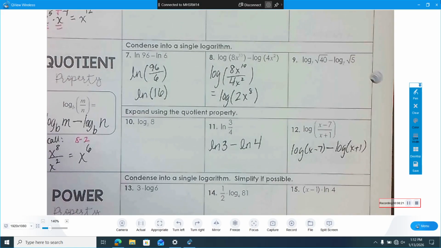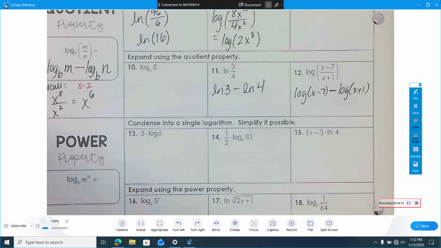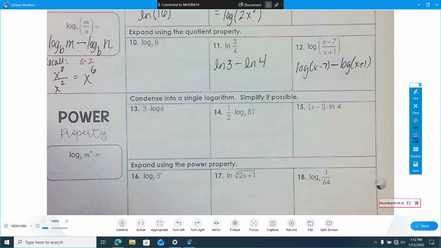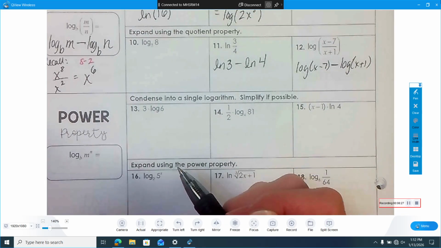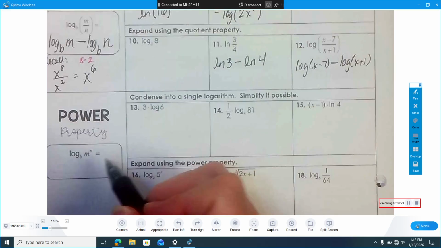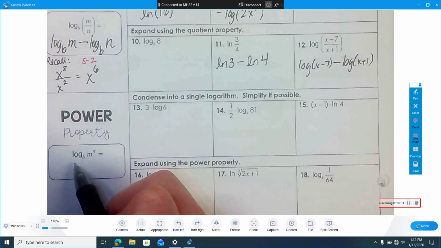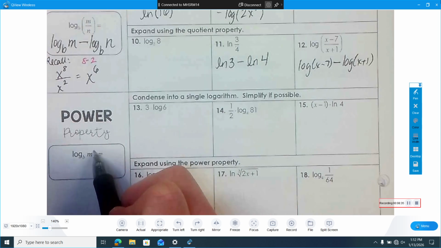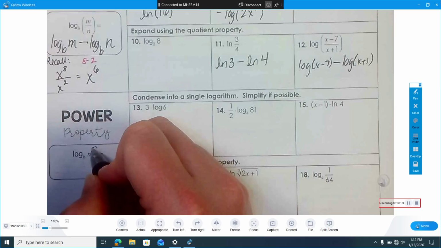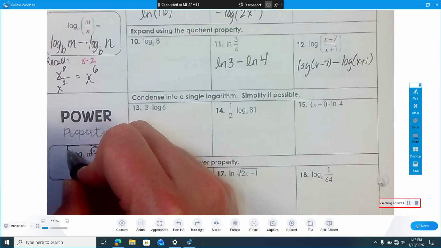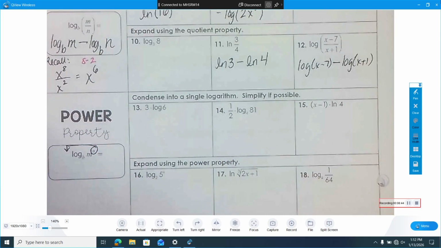All right. The last property that we have is the power property. The power property says if you have a log and the argument has a power on it, that power is going to drop down in front and multiply.